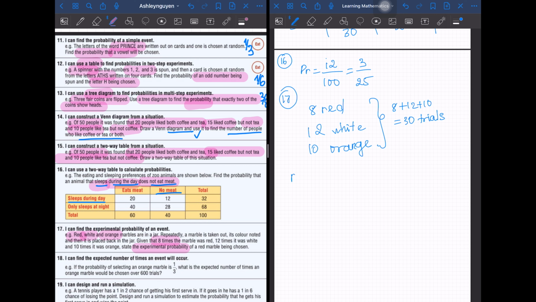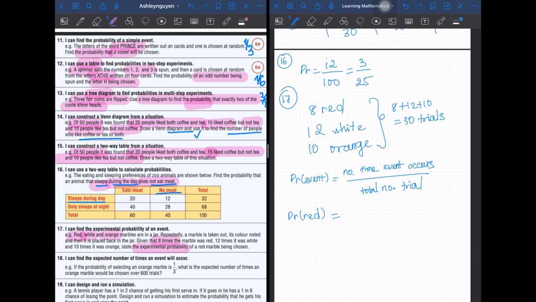So let me write P(R), the experimental probability of an event, equals the number of times the event occurs over the total number of trials. So the probability of a red marble.